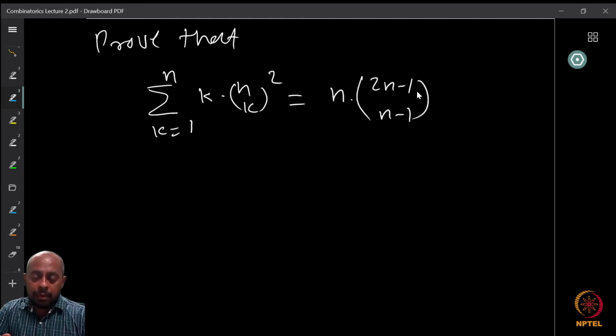Now I am going to multiply that with n, which means there is some choice involved. By our product rule, there was some choice of n distinct persons we were able to choose, and that is independent of the choice of the n minus 1 guys from the 2n minus 1 guys.